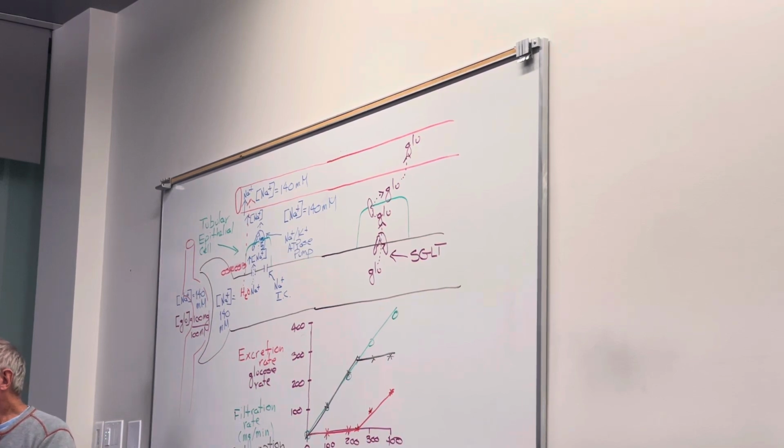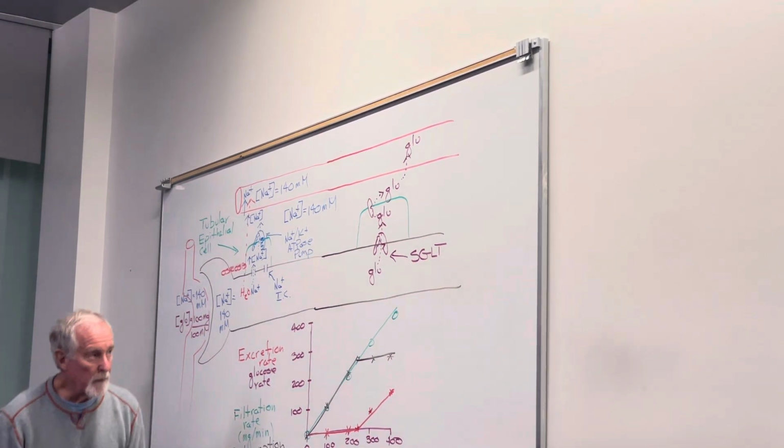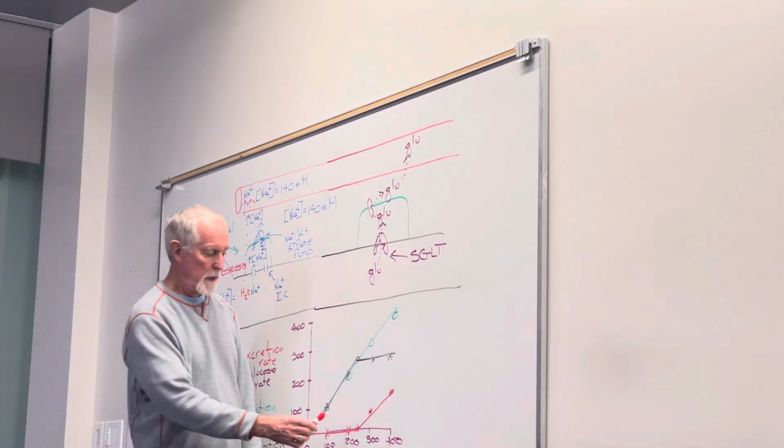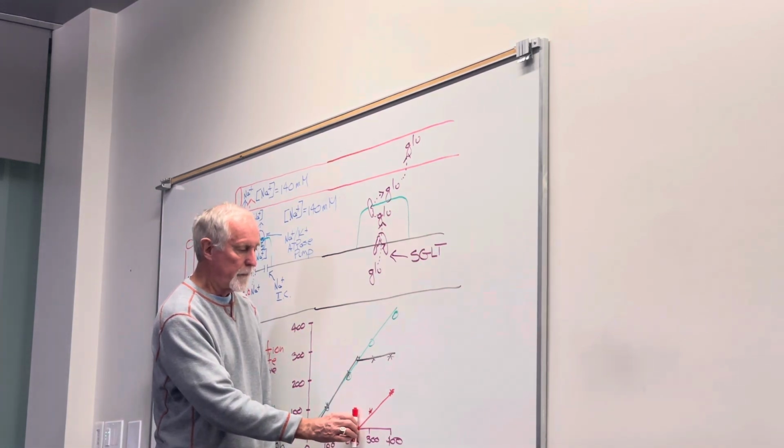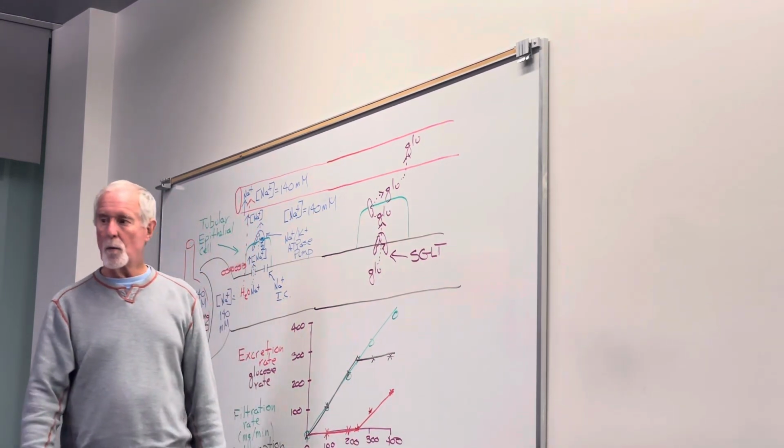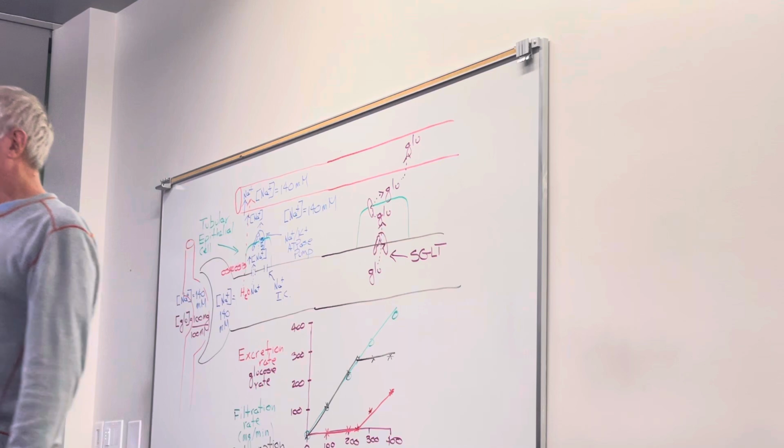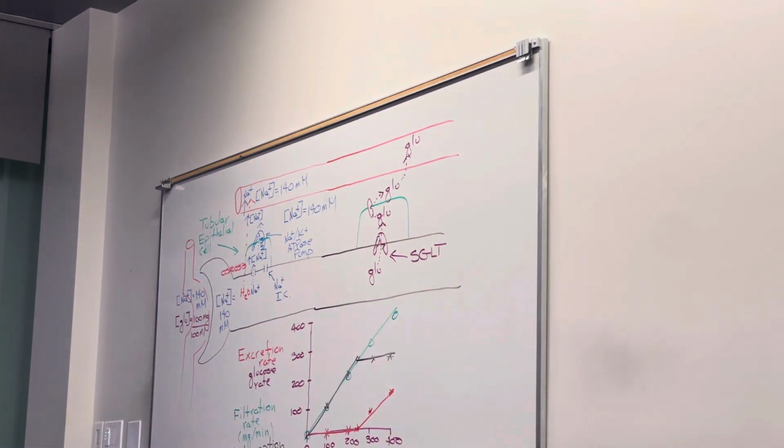Are they found in the distal tubule, the collecting duct, the thick ascending loop of Henle? No, they're only found in the proximal tubule. And here's the problem: once we exceed a concentration of 250 milligrams per 100 mLs, glucose now spills into the thick descending loop of Henle. And what does it take with it?